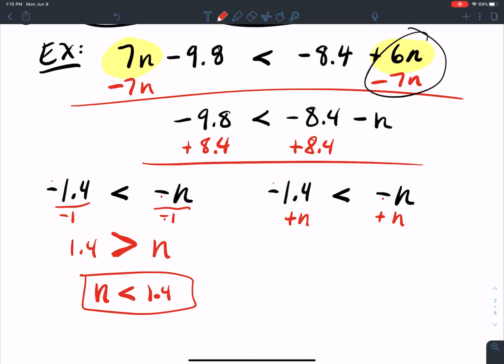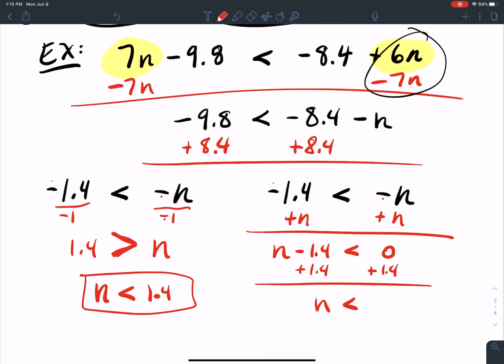If I add n to both sides, what do I get? I get n minus 1.4 is less than, well, minus n plus n is 0. And if I add 1.4 to both sides, I get n is less than 1.4. Do you see how this gets you the exact same answer?